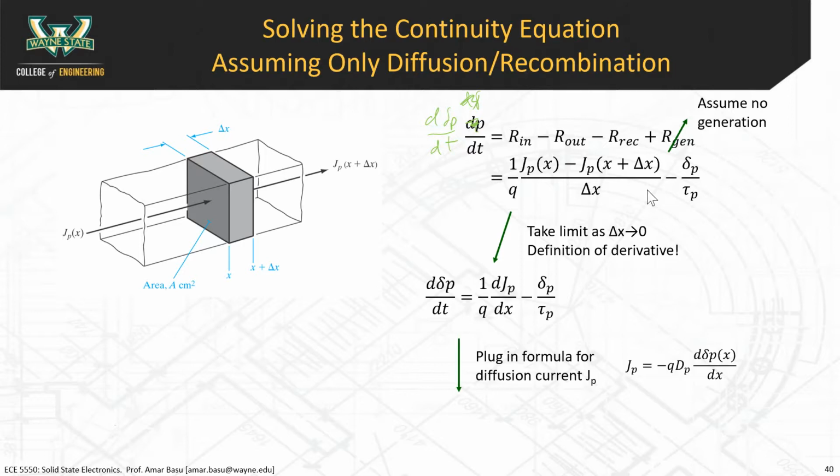So the only way that you can get a current in the semiconductor is by diffusion. So we are assuming that Jp is diffusion current.